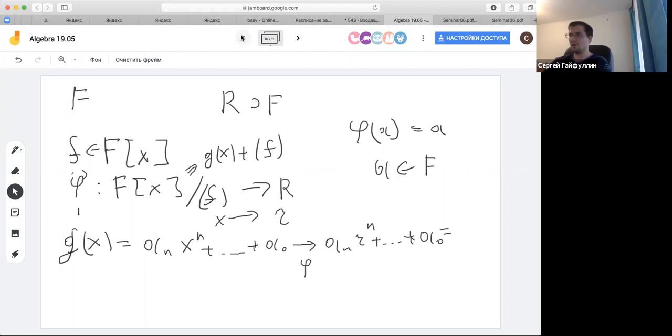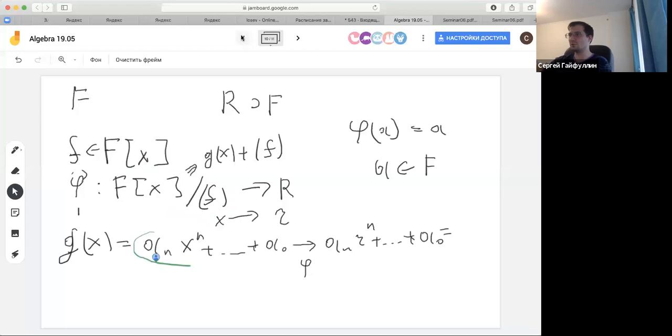Okay. And now we have this factor ring. We want to understand what is the image of this class, this element from this factor ring. We have this g(x), and it is just a polynomial.